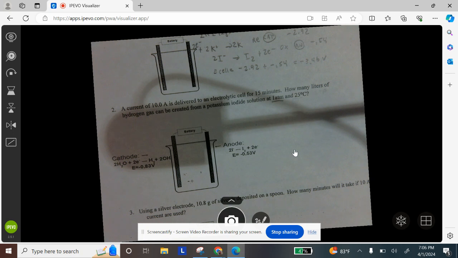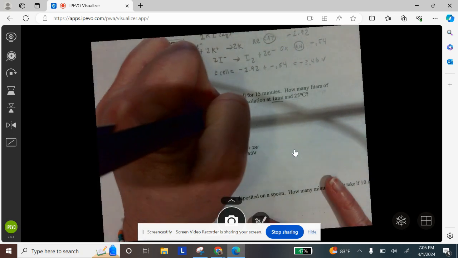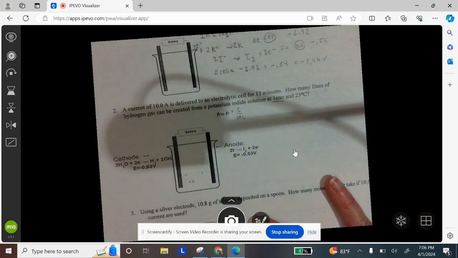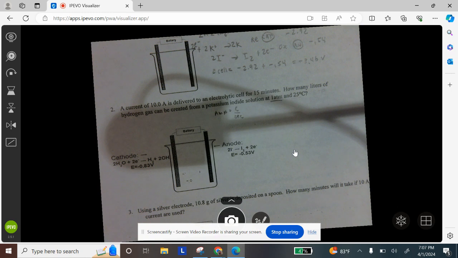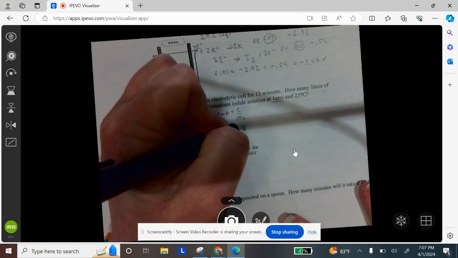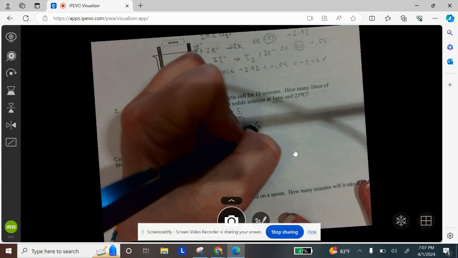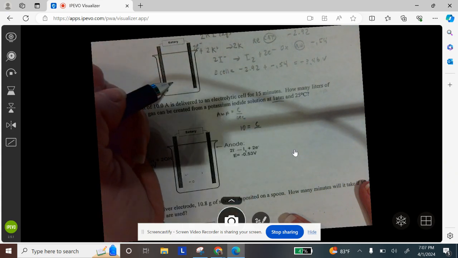So we need to remember that amps is a coulomb per second, which we have up here, like the unit. And it told us that we have 10 amps, and we're trying to solve for the coulombs, but it says 15 minutes.